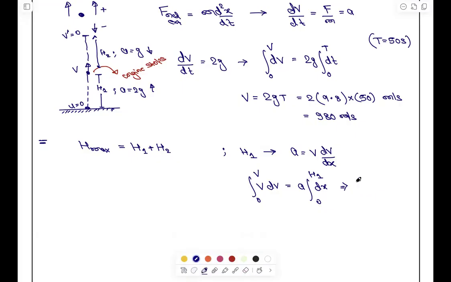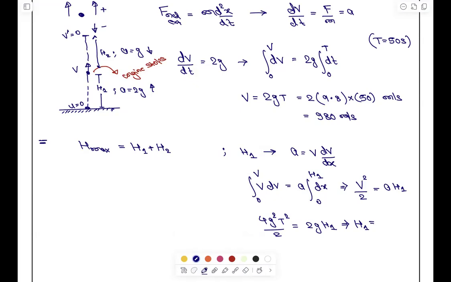It will be v square by 2, and here it will be a into h1. What is the value of v square? v square was 2gt, so it will be 4g square t square by 2, and the acceleration was 2g into h1. I am calculating more so that you can understand it.